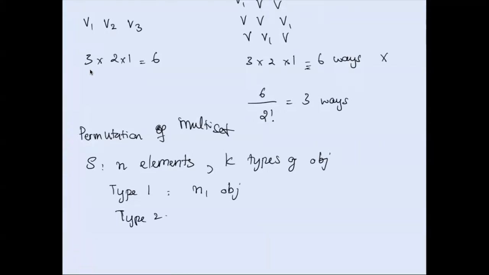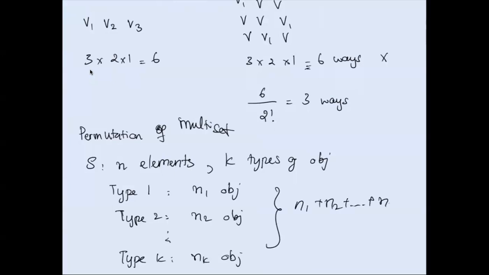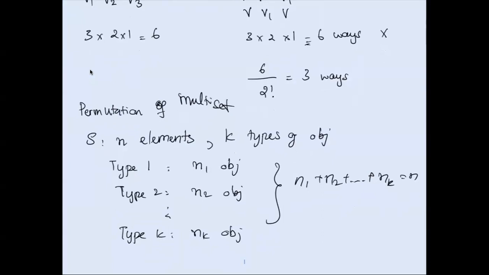Type 2, you have n2 objects. Up to type k, you have nk objects. And if you add n1 plus n2 plus n3 up until nk, you should get n objects in total, which is the number of elements in S.